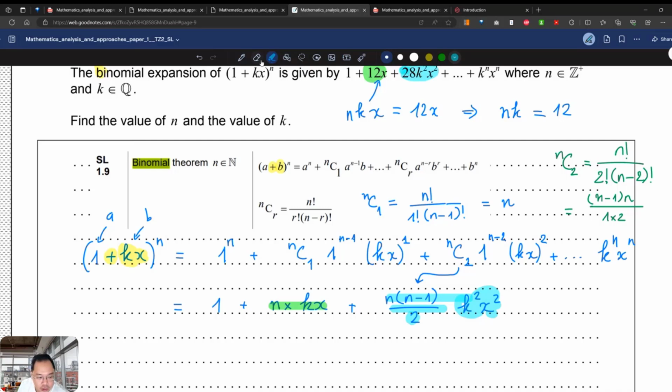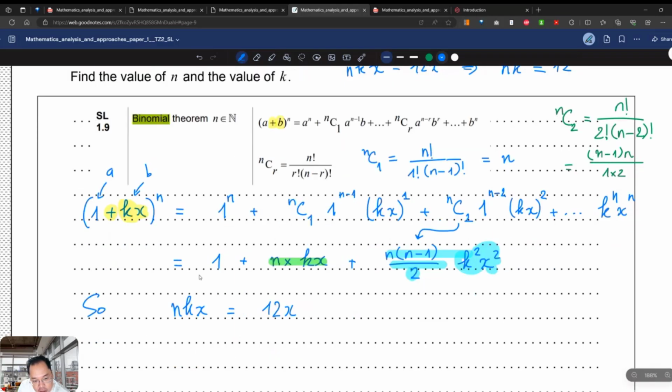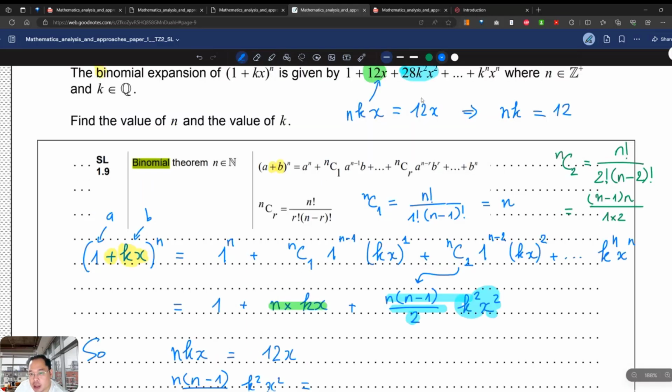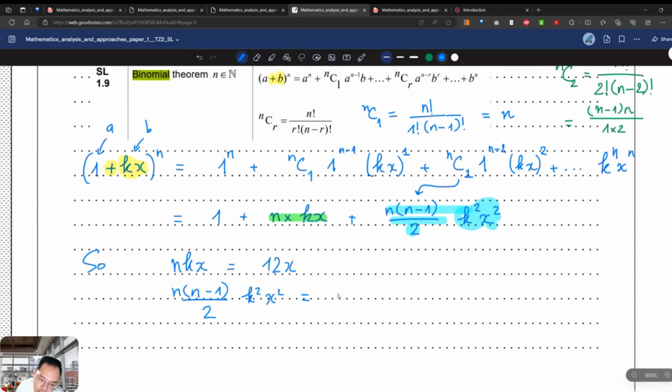Which means now we have the two following equations here. n times k equals 12, okay, let me write it slowly. nkx equals 12x, and the second equation, n times n minus 1 over 2 k squared x squared equals the third term given here, meaning 28 k squared x squared.